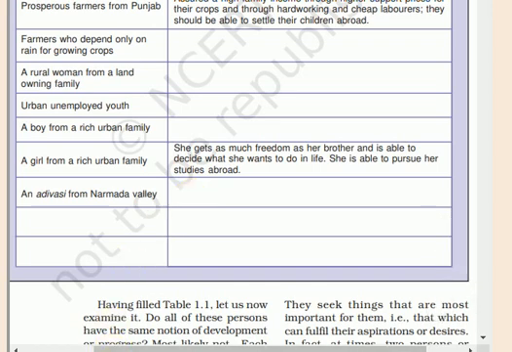So what does an Adivasi need? He needs his protected forest for sustaining his and his tribe's life. This type of development he needs.